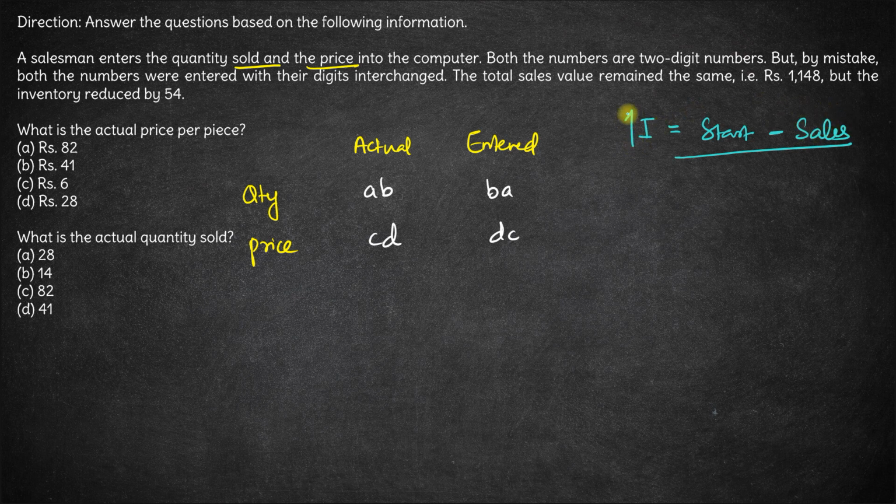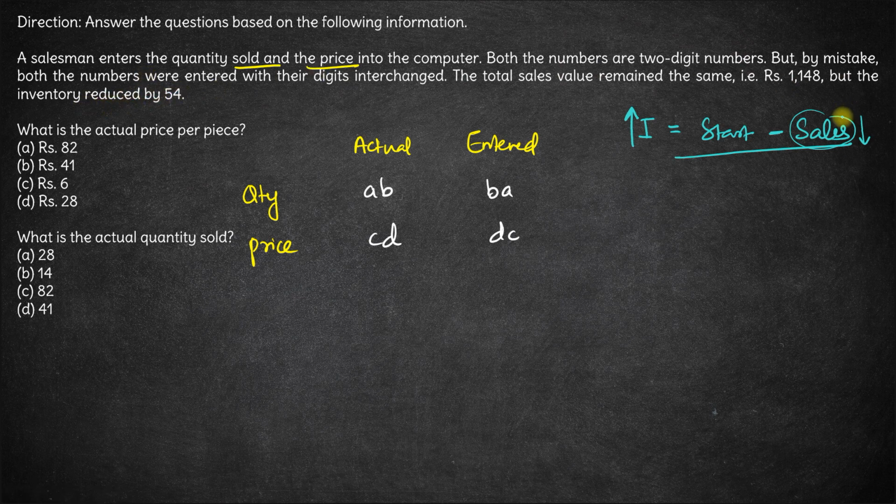So if inventory increased, that means the sale must have reduced. That means the inventory shown in the computer reduced.